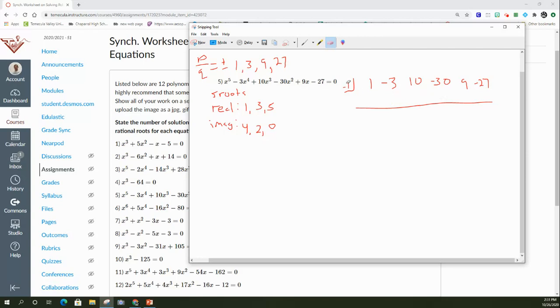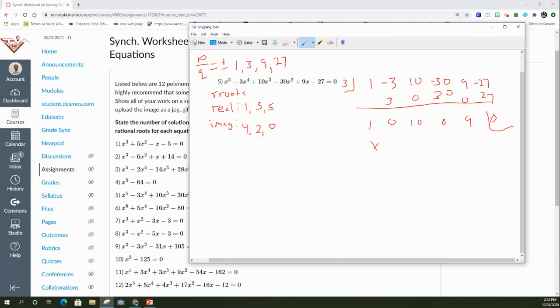So let's try 3. And you get 0, 0, 10, that's 30, that's 0. That's 0, that's 9, it's 27, and so that does work. 3 does work.